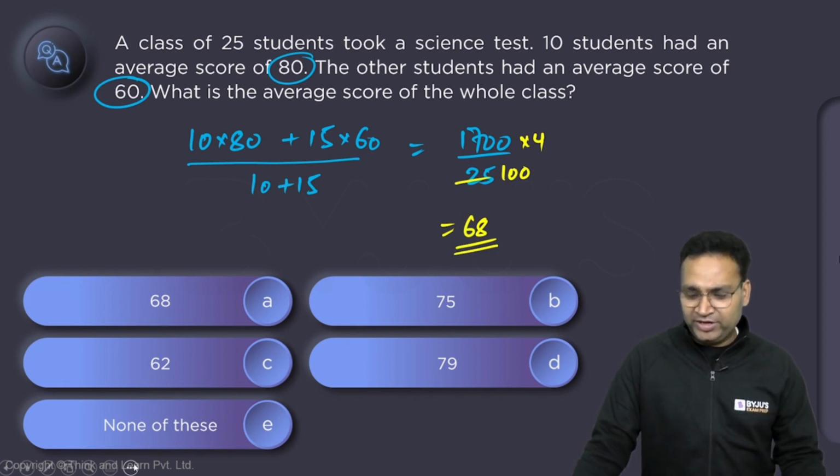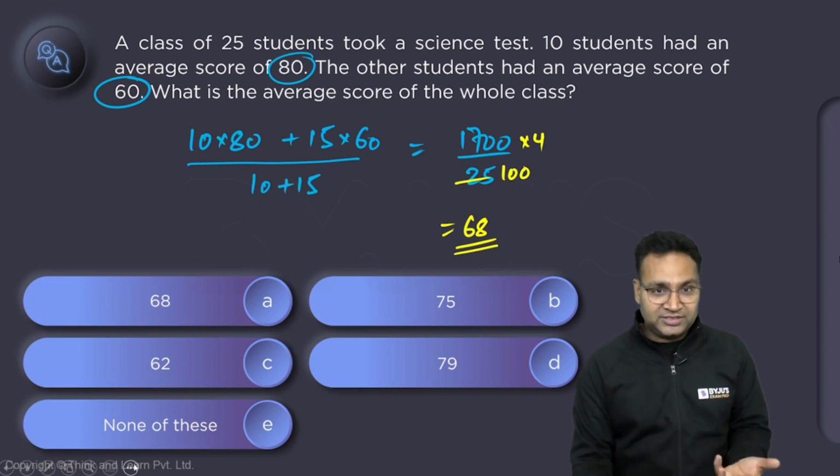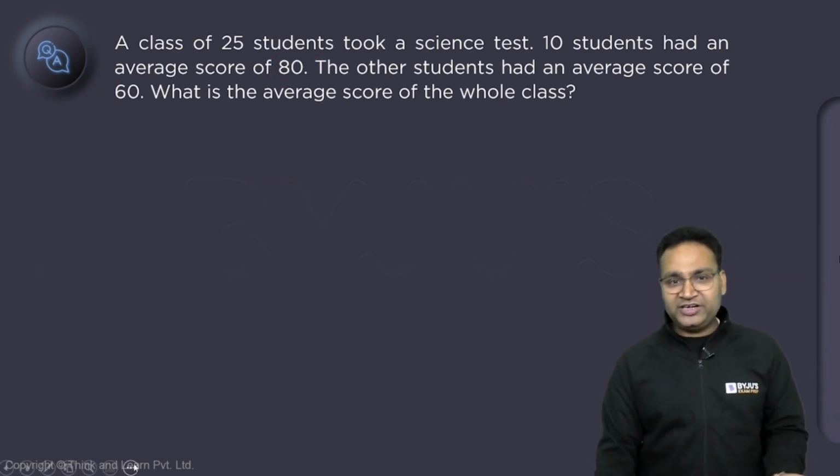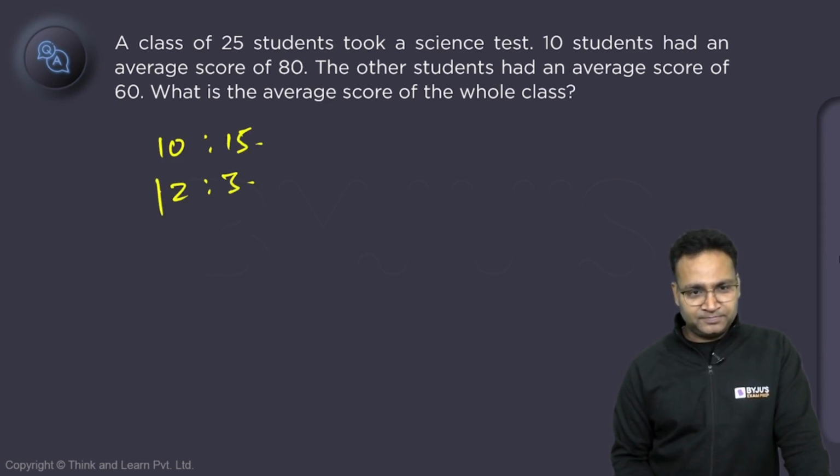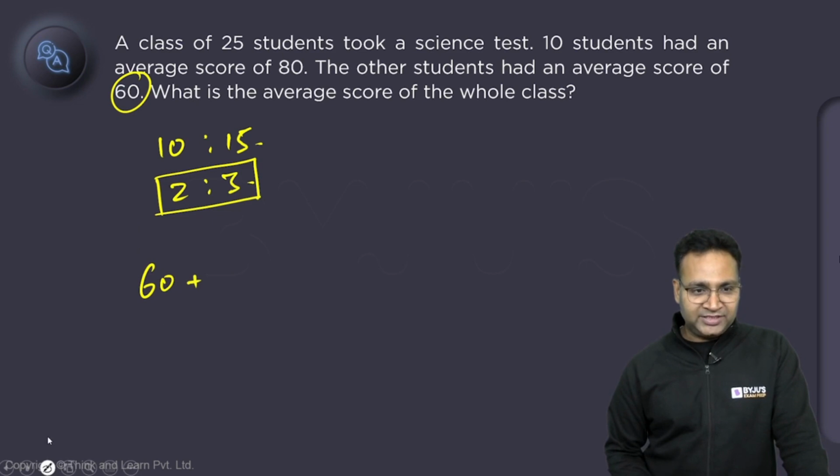That's my point. Let's say you want to use the deviation method. Let's do it. You know, out of 25, 10 are students, 15 are students. So converting this into the ratio. Clear? Assuming the average is 60. Clear? Yes. So look at this. If this number is 60, deviation is nothing. 80 is how much more? Plus 20.